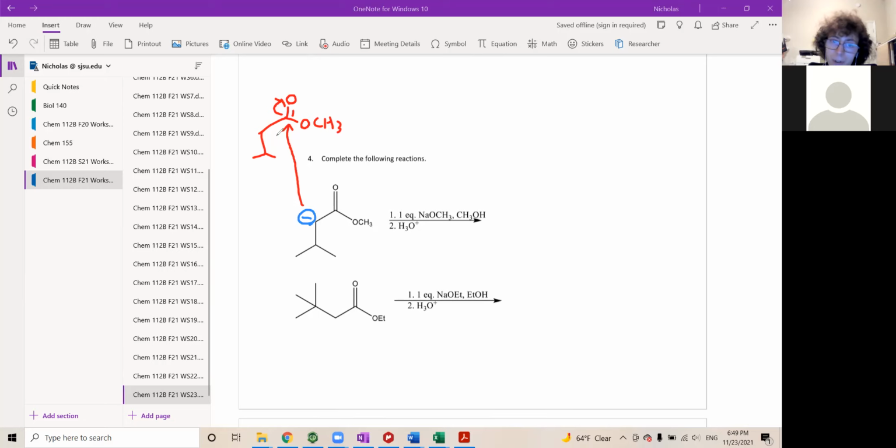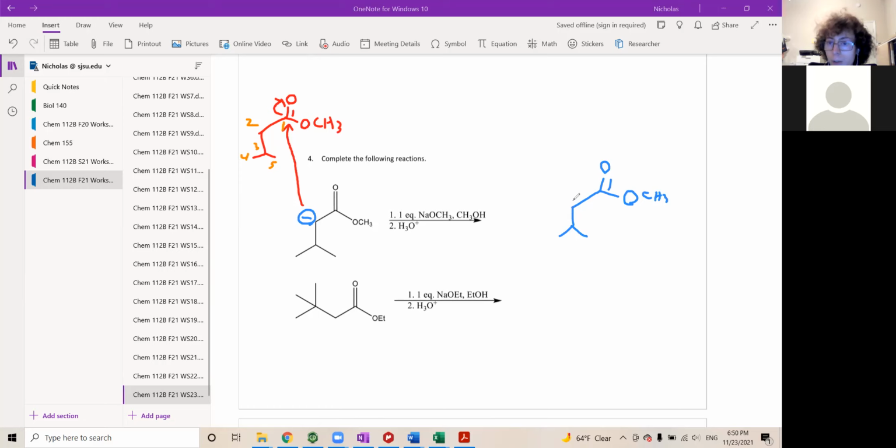With a structure like this, I think it's a good idea to number the atoms in the electrophile. You don't necessarily have to, but I think it's a good idea. So I'm numbering it like this. The carbonyl is 1, and then 2, 3, 4, 5, and I'll number the product too.